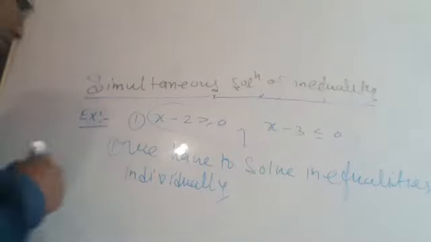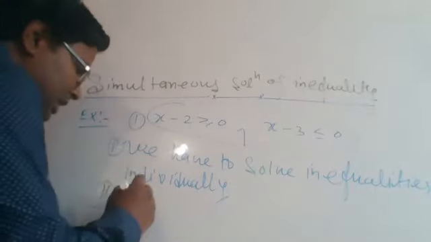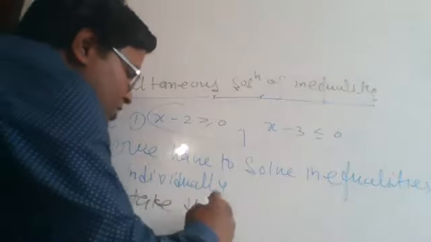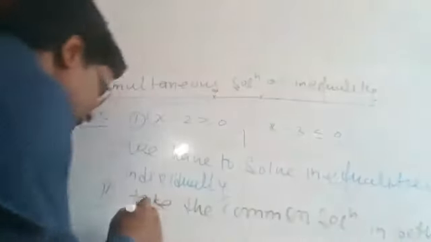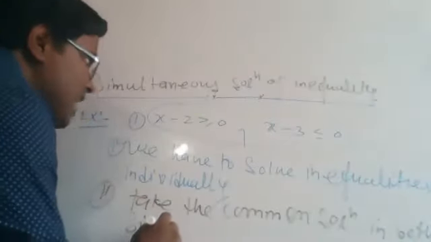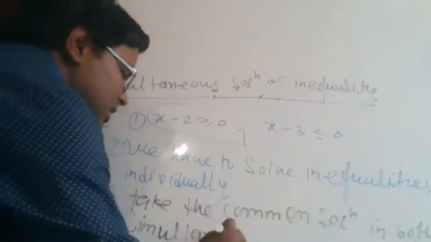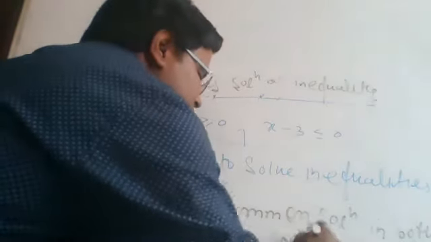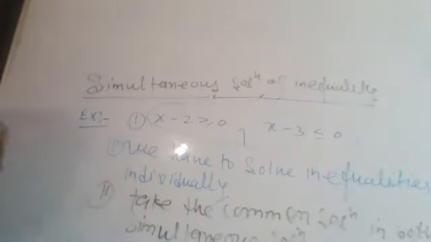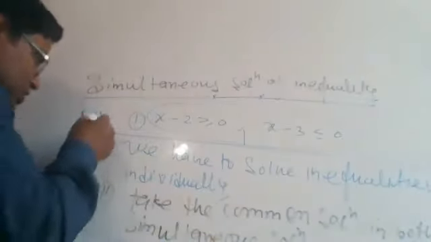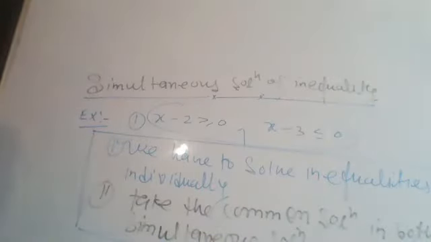And after that, in the second step, take the common solution in both, and we get the simultaneous solution. This is the simple two-step method to find the simultaneous solution of any two given inequalities, and this is very important. Okay, so just write it down in your copy.